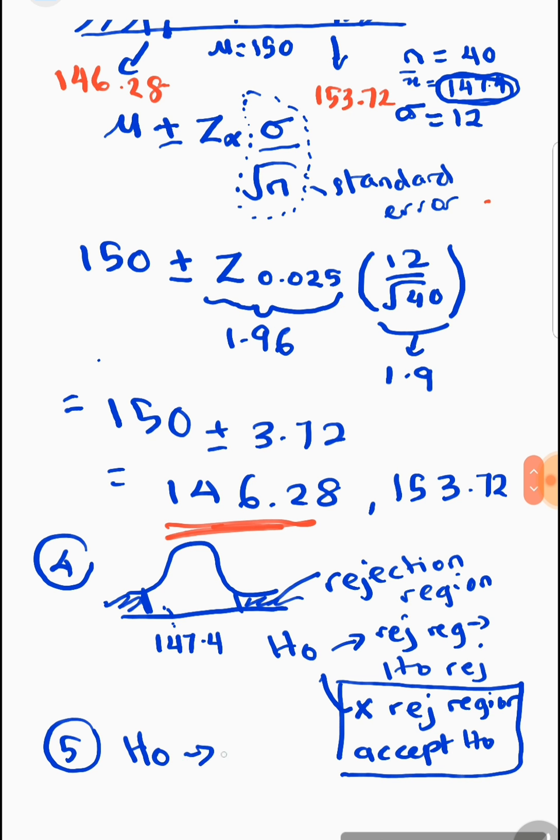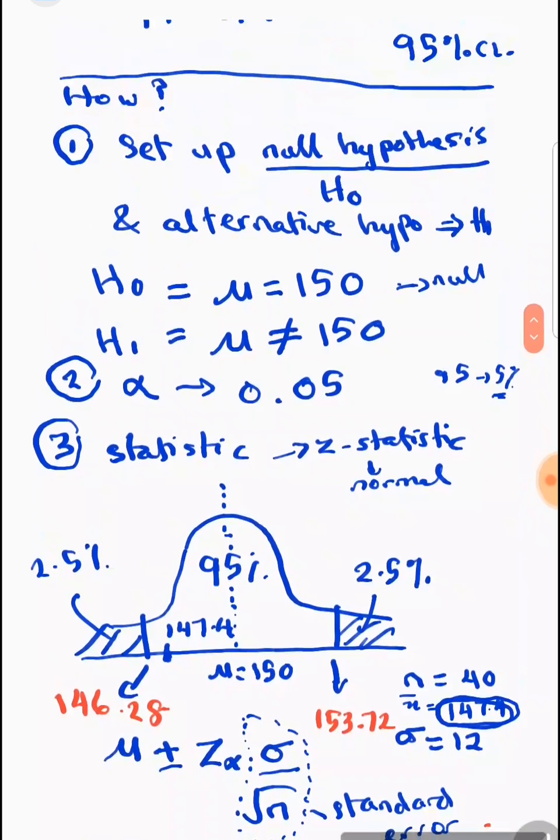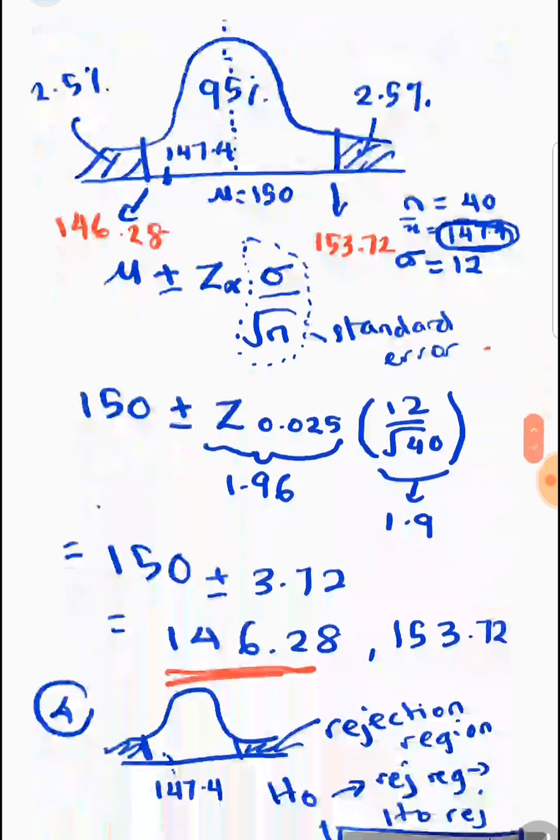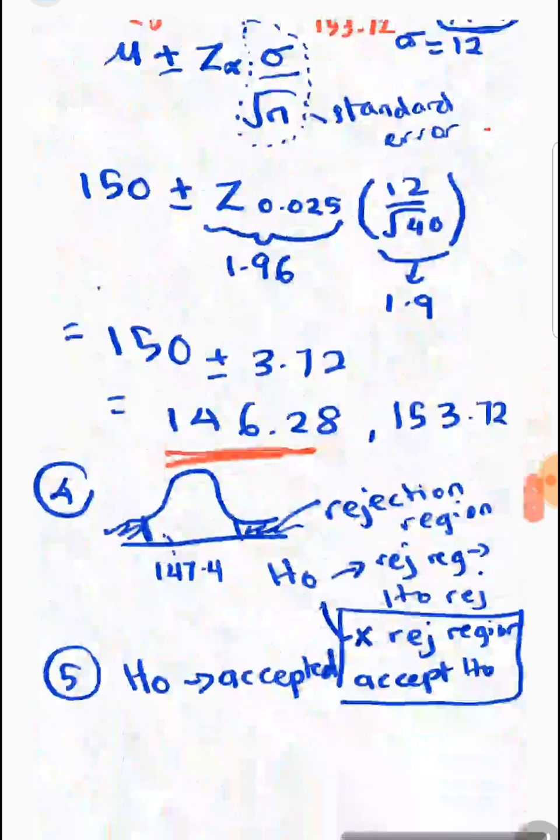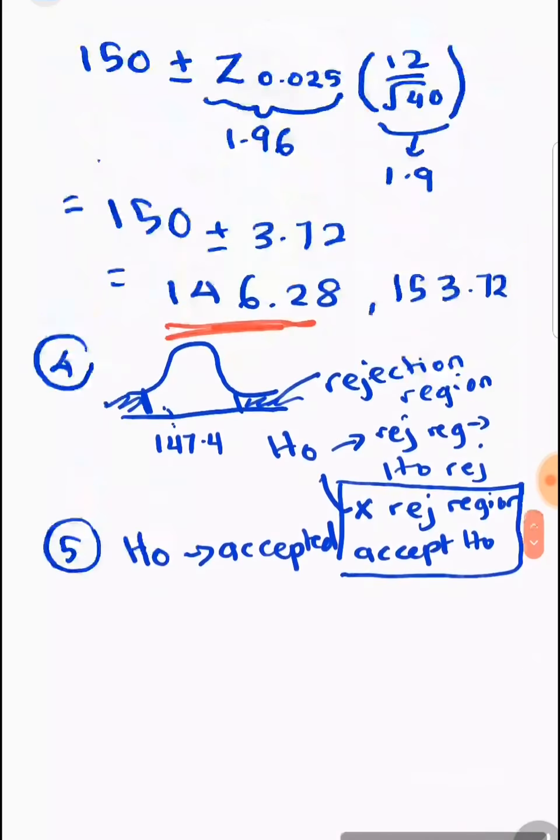So we actually accept the null hypothesis. And what is this null hypothesis? That it is of 150 hours. So which means we agree to the fact that this company claims that the mobile phone can actually last for 150 hours.